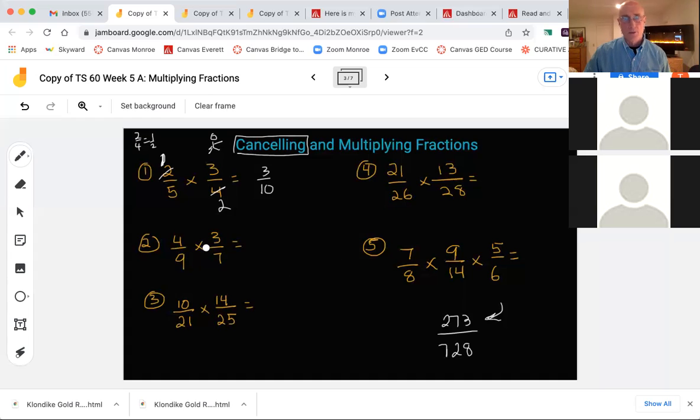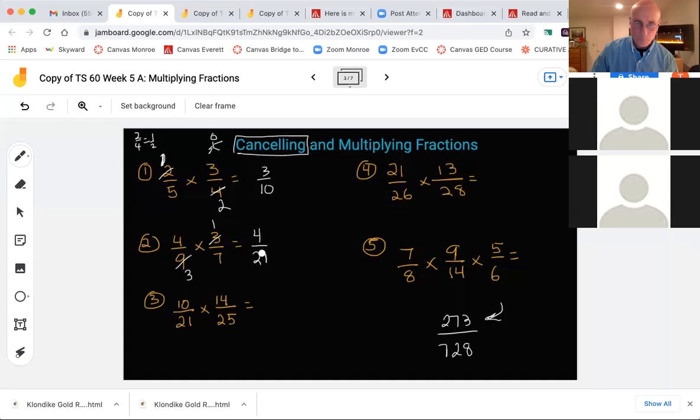In this case, the only numbers that you can divide into both is 3 goes into itself once and 3 goes into 9 3 times. 4 and 7 do not cross cancel because nothing goes into both of those. So I will multiply straight across. 4 times 1 is 4. And I will multiply straight across. 3 times 7 is 21. And I'll ask myself that final last double check. Can these reduce any? No.